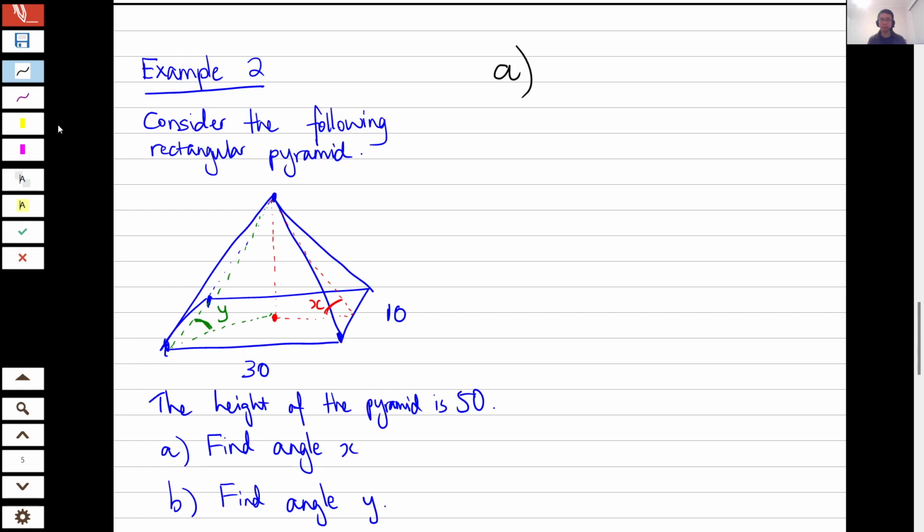We want to find two angles, x and y, which I have labeled thus in the diagram. Now, we want to find angles, so that means we're going to need to set up a right-angled triangle. So let's begin with angle x.